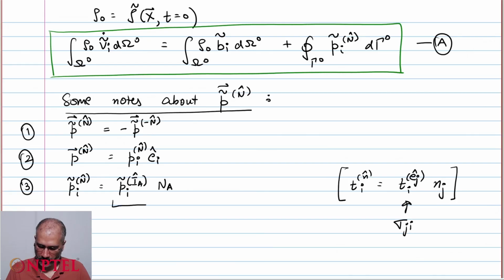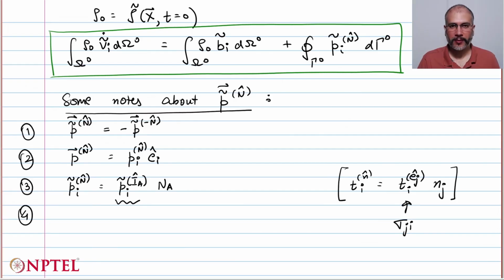So if you have the information of the stress vectors P on the three mutually perpendicular cutting planes along the coordinate directions I1 hat, I2 hat and I3 hat, then you can find the stress vector on a cutting plane with a normal capital N hat in the reference configuration.